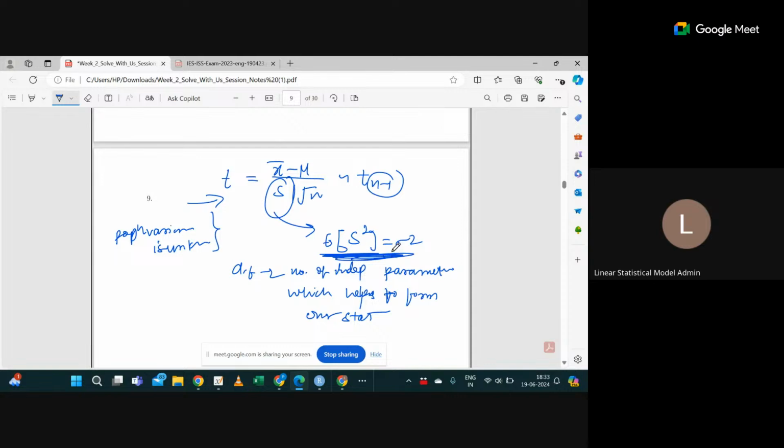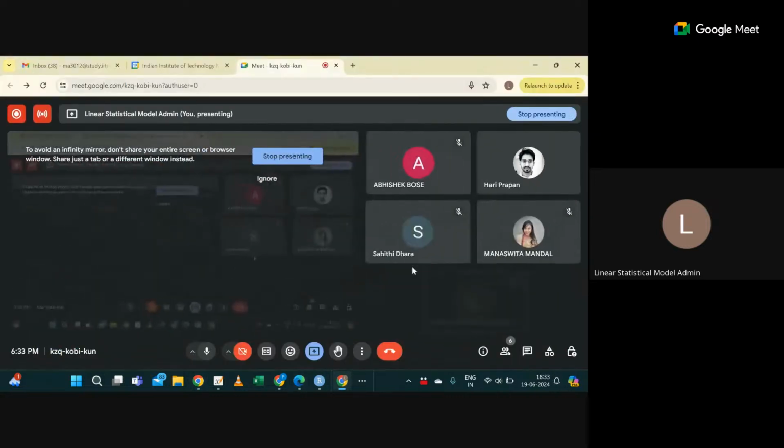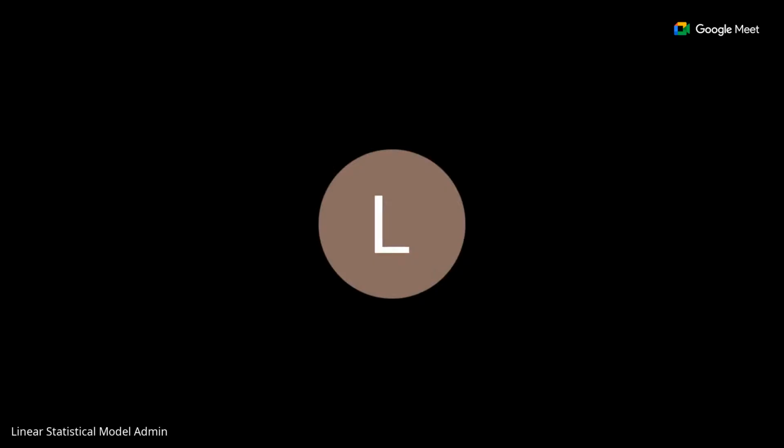We have to calculate this sample variance. There is one dependency, rest are independent, correct? That's why we are subtracting one, because we don't know the variance, we have to estimate it. So this is the one key idea behind degree of freedom.